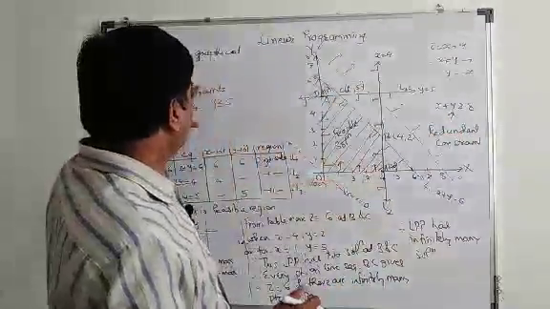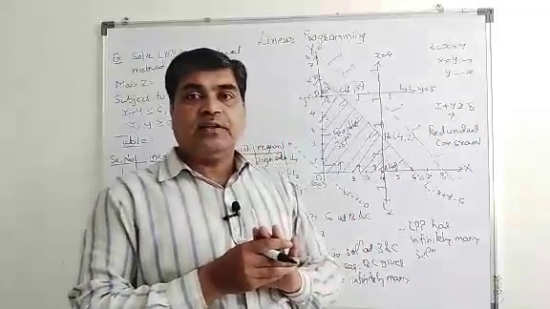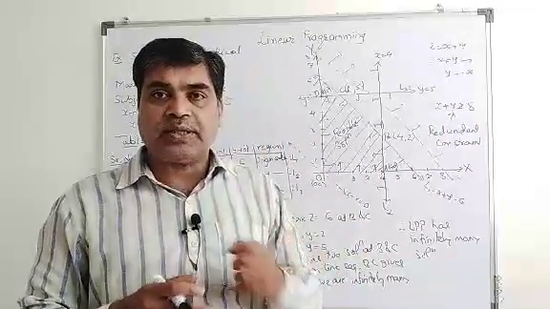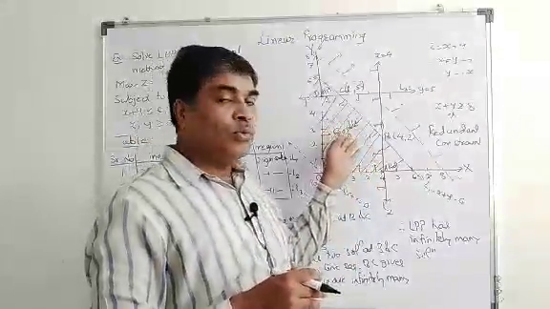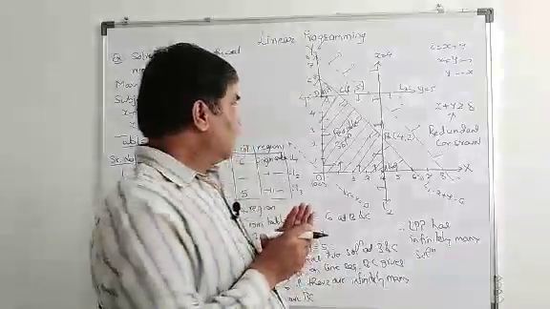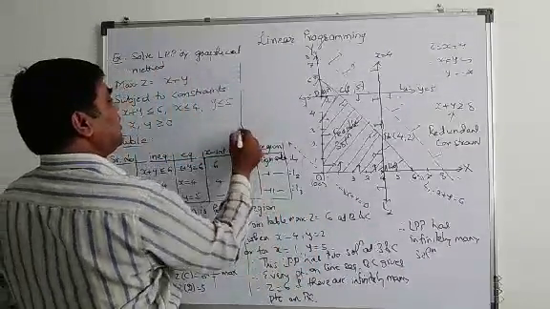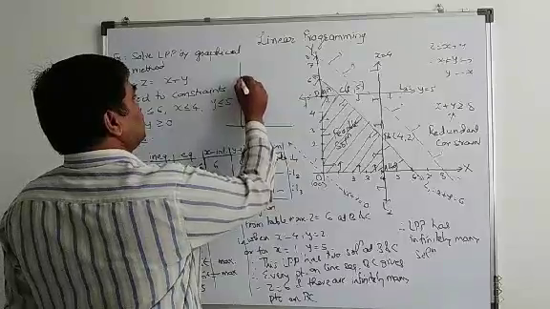So if I have this problem together with x plus y greater than or equal to 8, then there is no feasible solution for that linear programming problem. In that case, the given problem has no solution.